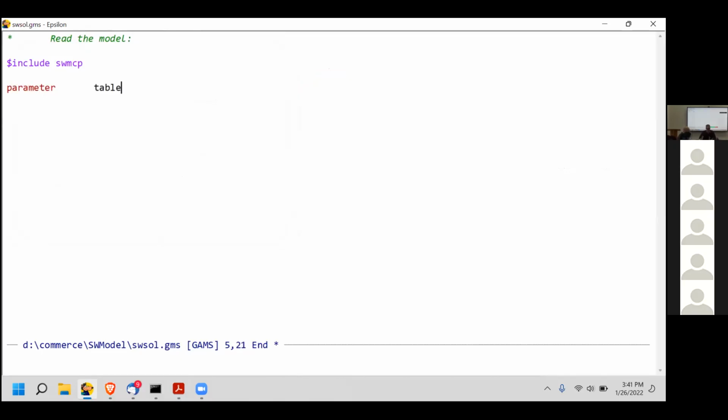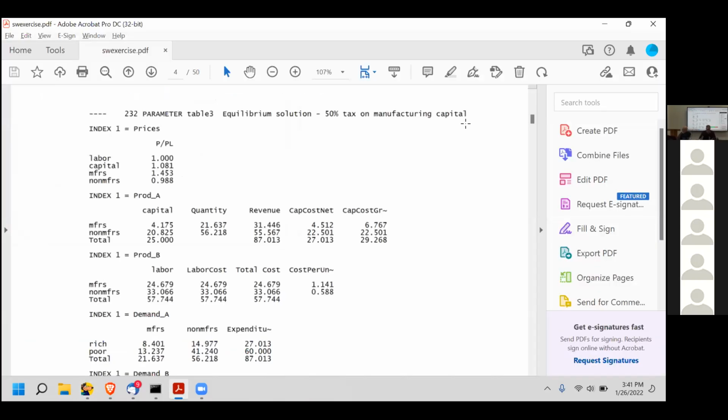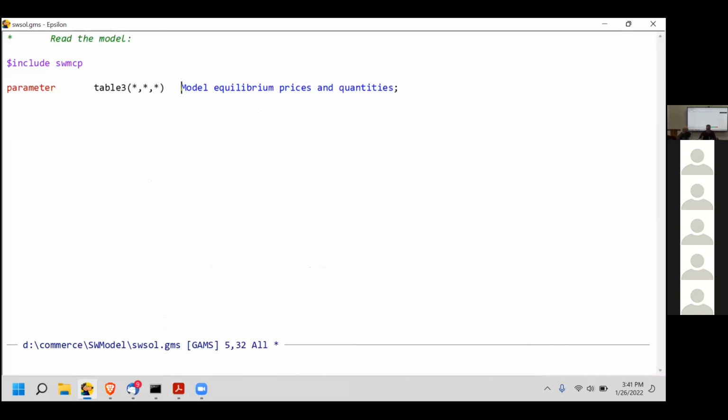parameter table 3, star, star, star. I'm giving it, what do we call it here? Equilibrium solution, 50% tax on manufacturing capital. So let's do the same thing.